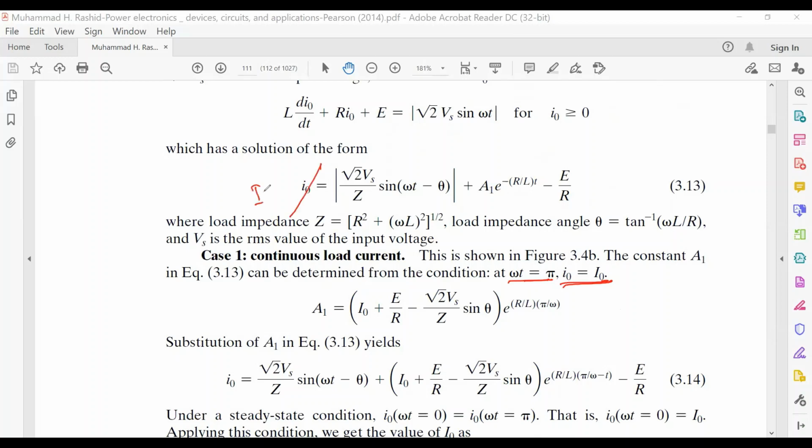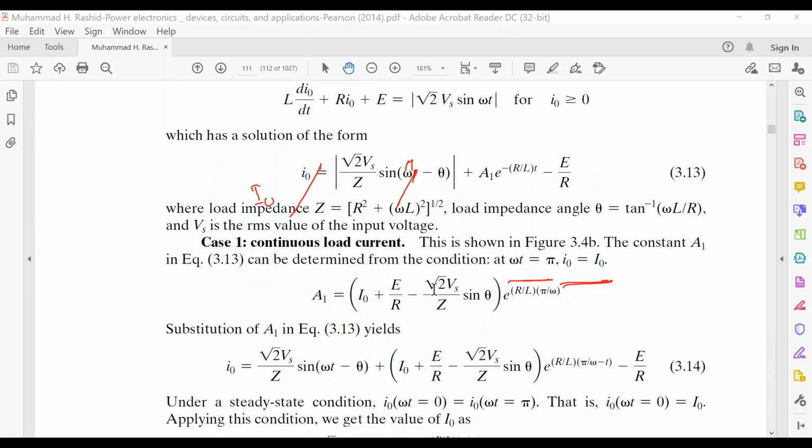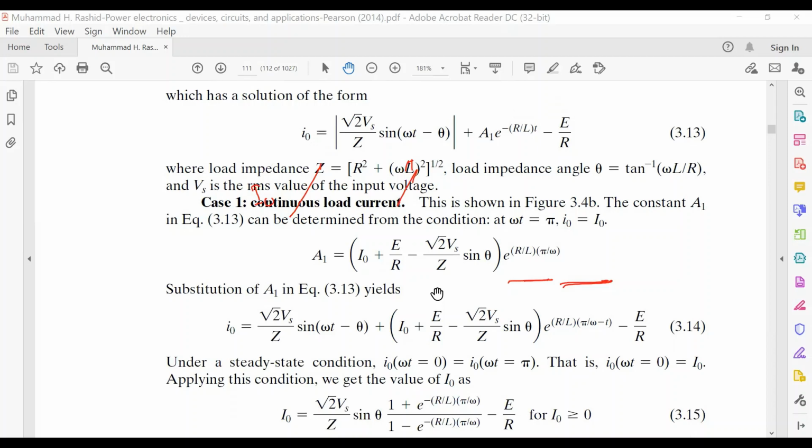This is the I0 and with omega t equal to pi, you can find out the value of A1. And in the A1, look here, you have another unknown I0. You have to find out this one.